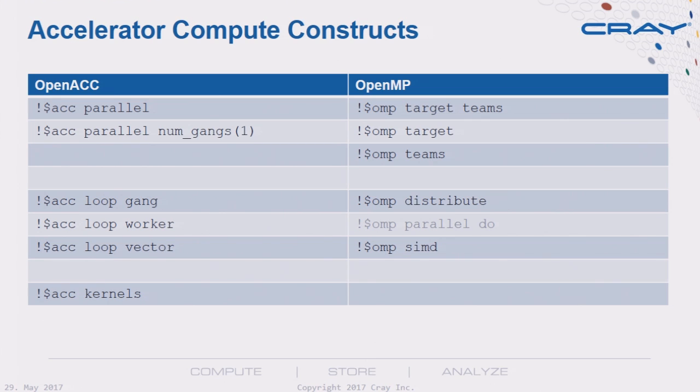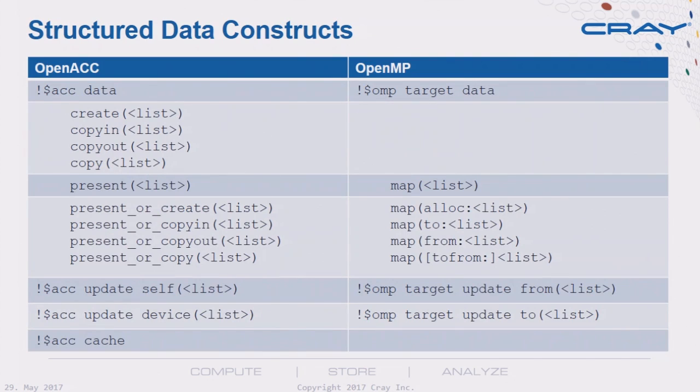A similar thing we have with OpenMP. There you just say distribute, meaning that we want to distribute it on thread blocks. We have the SIMD. In contrast to OpenACC, we usually have just two levels of parallelization. So with the SIMD, we parallelize within our vectors. For OpenACC, we also have the kernels directive. We don't have that in OpenMP.